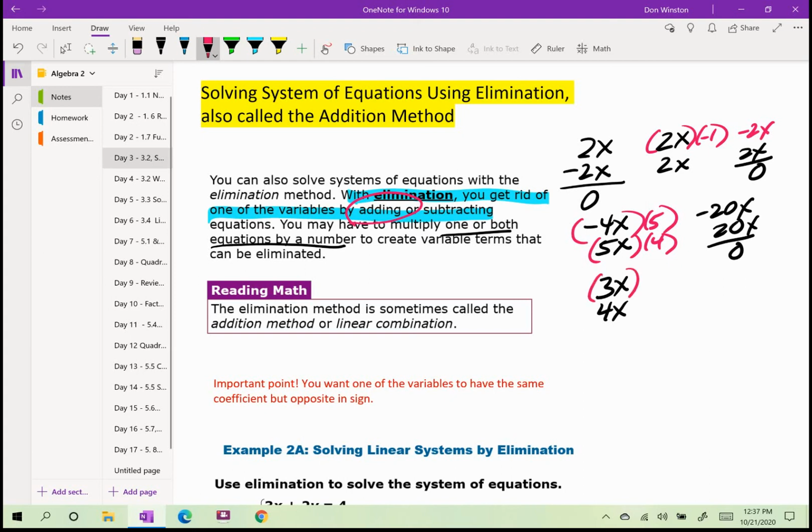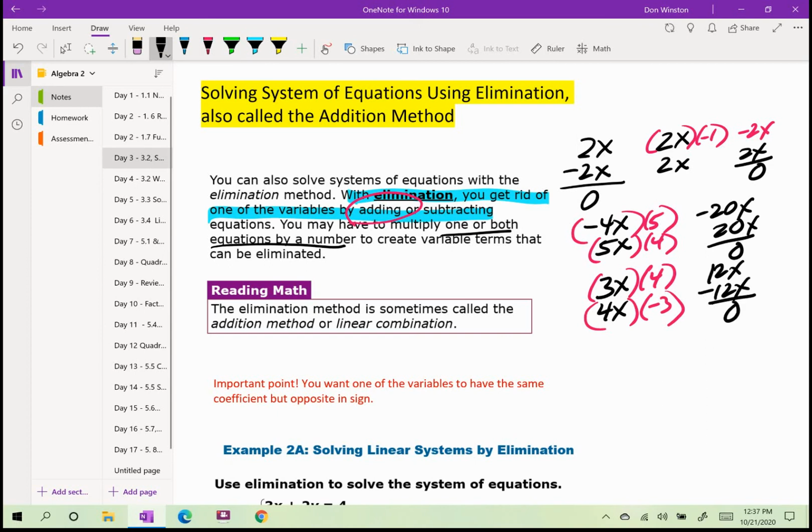So what I can do, I can multiply the first equation, 3x, by the coefficient of the other one, 4. And then I can multiply the other one, 4x, by the coefficient of 3, but we need to make that a negative 3 because remember, when we add, they have to be opposite in sign. So here we have 12x, and then negative 12x, and when we add, we get 0.